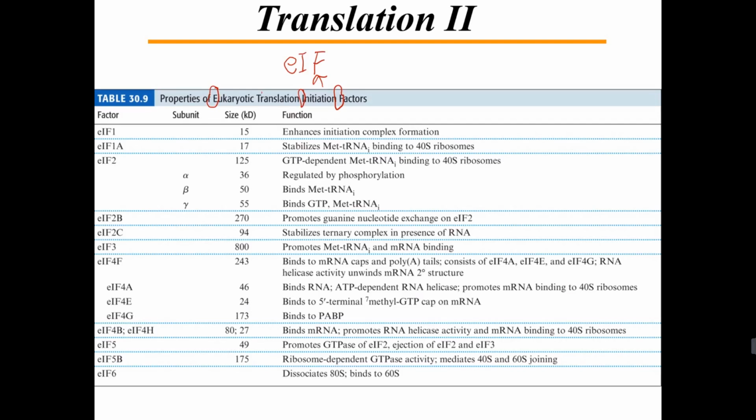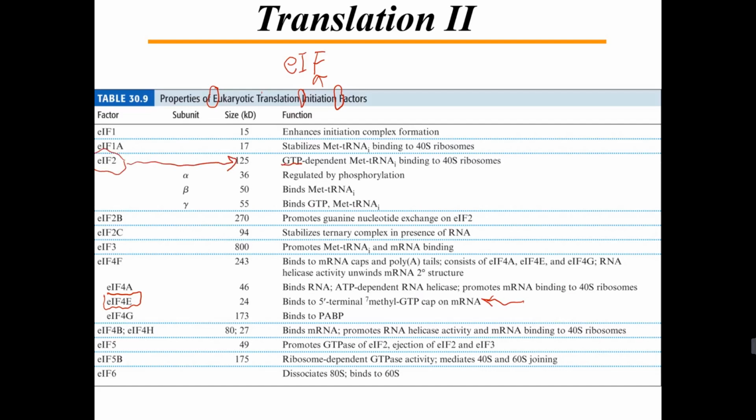The key ones I want to point out here is, we've talked about this one, eIF4E. That is essential for binding to that 7-methyl G cap, whereas eIF2 will bring in the initiator tRNA into that 40S ribosomal complex. Remember, it's bound to GTP, similar to what we saw with prokaryotic initiation factors.